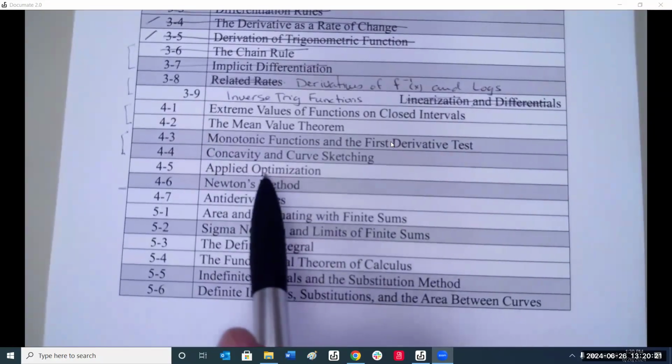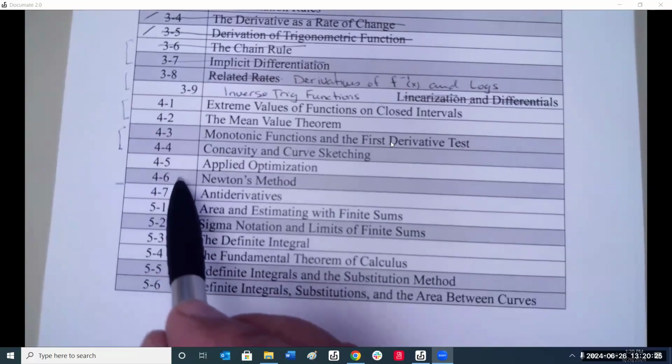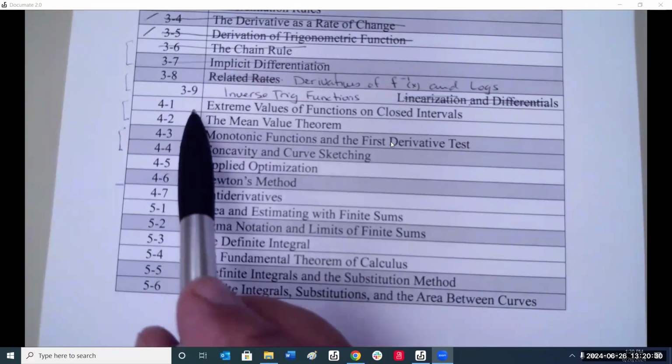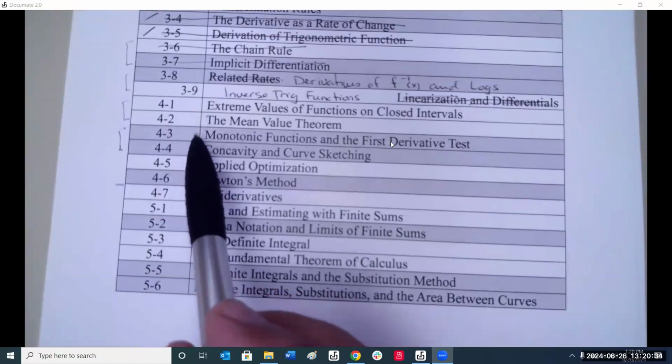Chapter 4 is pretty short and sweet. It's pretty quick and easy, actually. Until we get to this part down here. It's just a lengthy process. So we could do this on Friday.